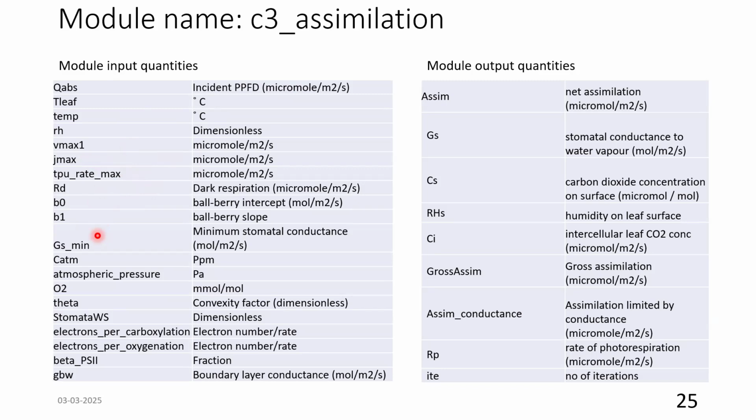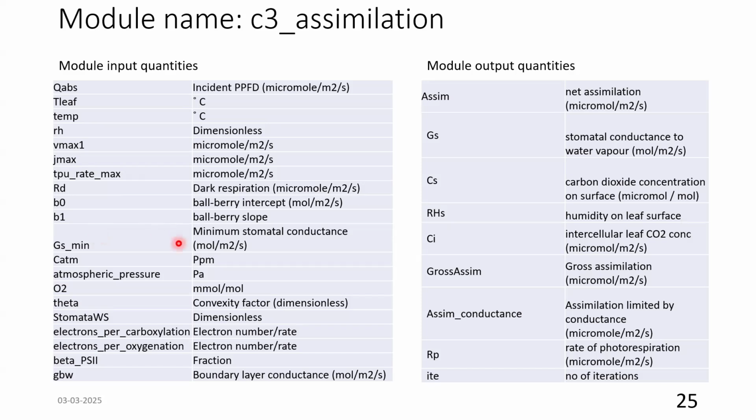We don't want to make the stomatal conductance 0. So in order to include some basic value, the module takes a minimum stomatal conductance of 0.001, which is equal to 0, negligible. But for the purpose of coding, we don't want to use the 0 value.